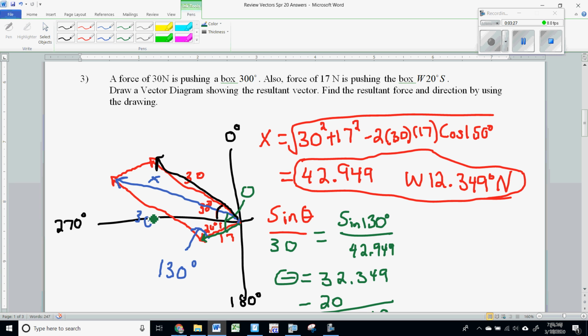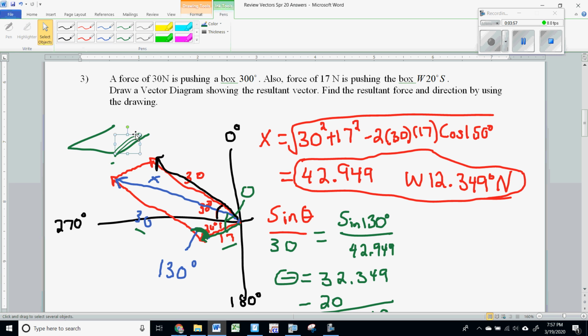And if you remember, when you do these, you always want to find this angle here that is between the two sides. And the easiest way to do that is we look at this angle over here. This is 30, this is 20, and we know that those corresponding angles of a parallelogram always add up to 180. So if I ever have a parallelogram like this, okay, that's not a very good picture.